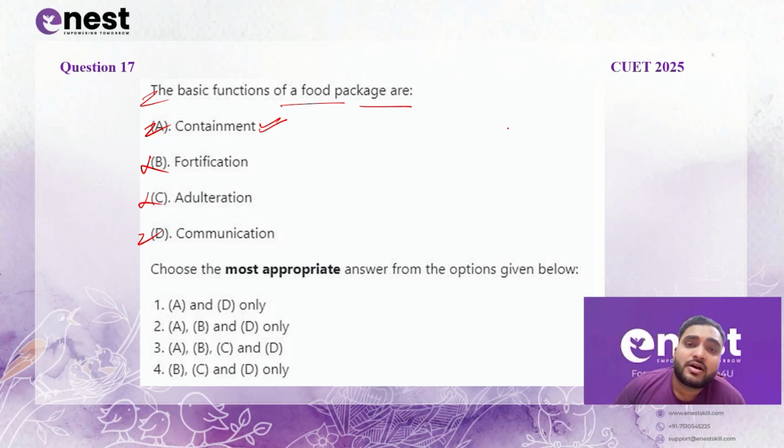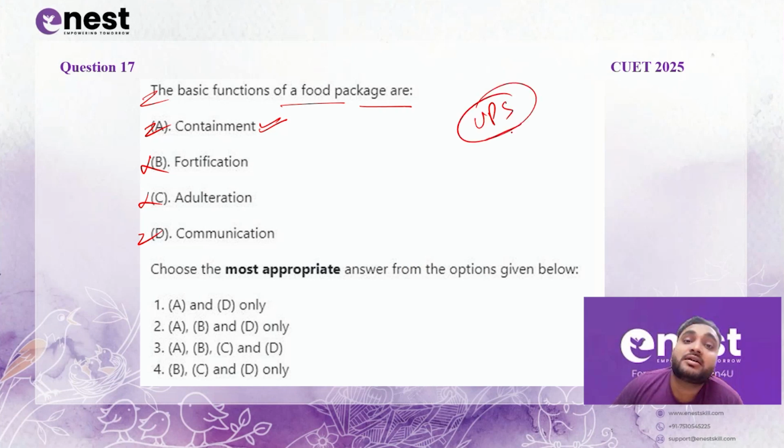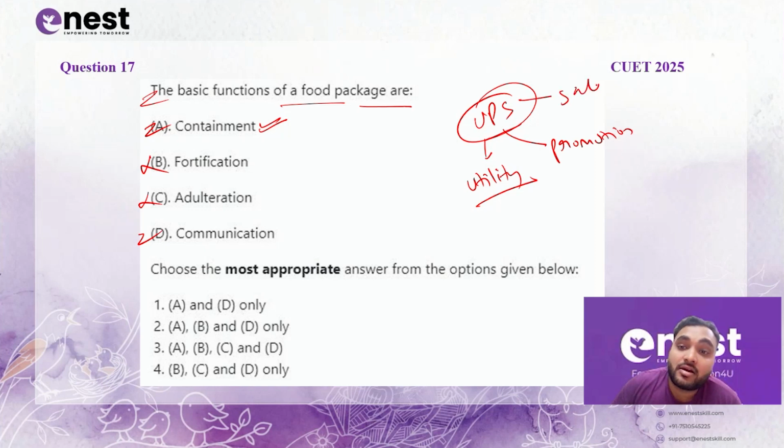So often if you need to remember how functions of packaging are there, UPS is the right word. U is utility, P is, you can say, promotion, S is sale, and apart from UPS you also have a word CPU, that means communication, presentation.